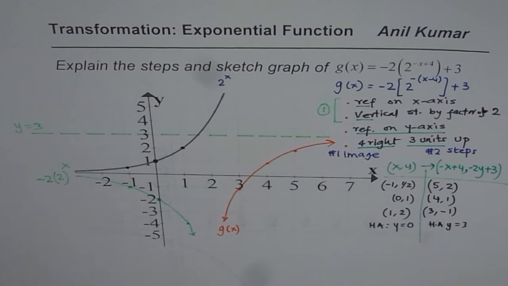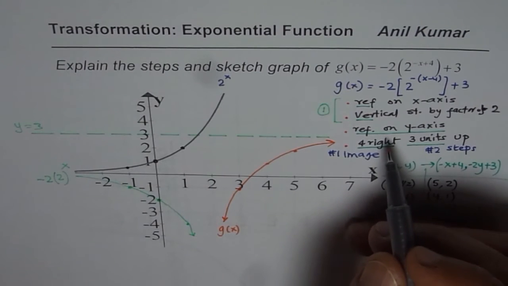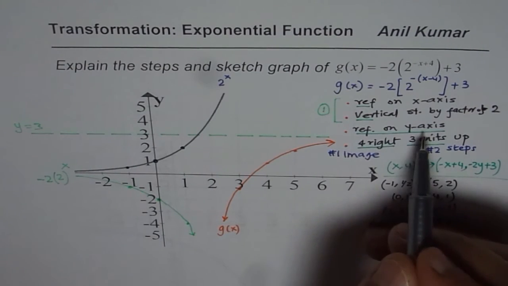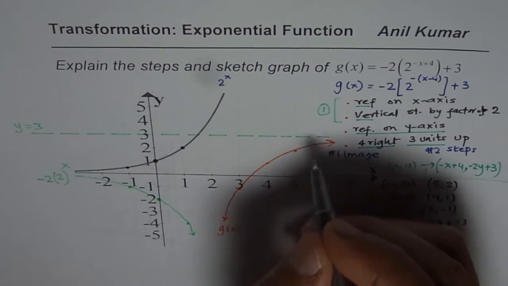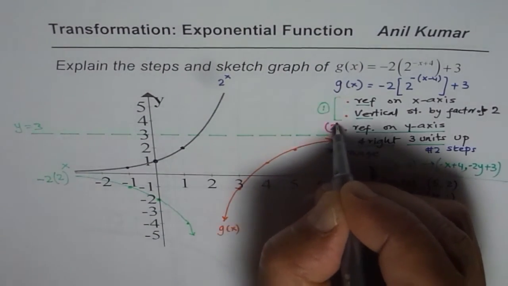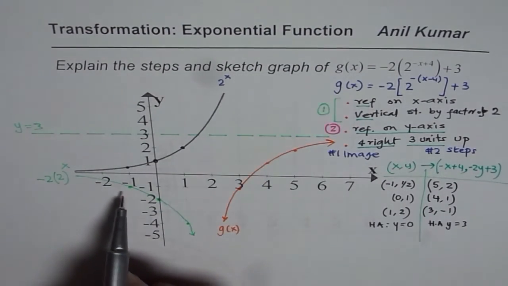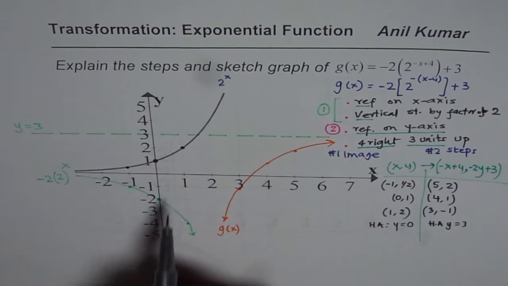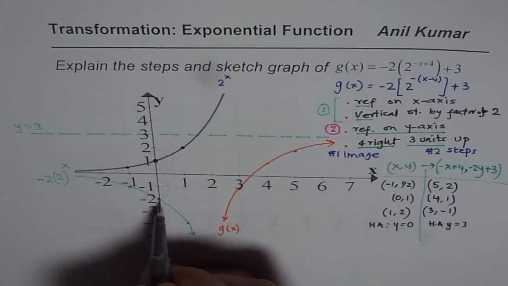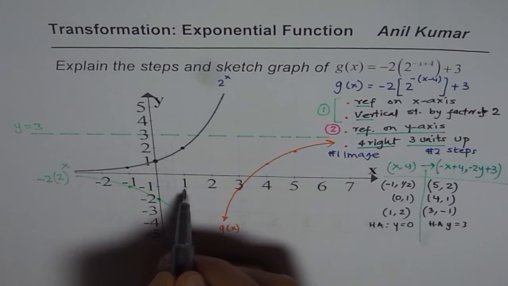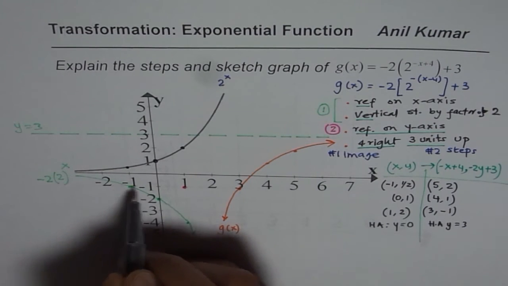Now let me take care of the horizontal part, which is reflection on y-axis. So this is my second step. I'm going to reflect them horizontally on y-axis. That really means this point will be 1 unit to the right, reflection, right?